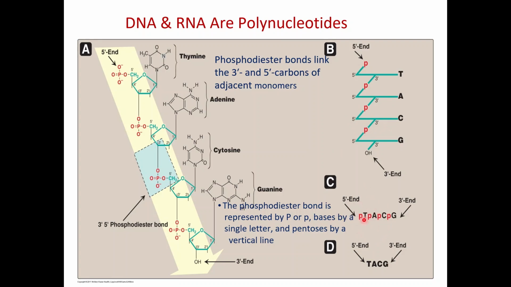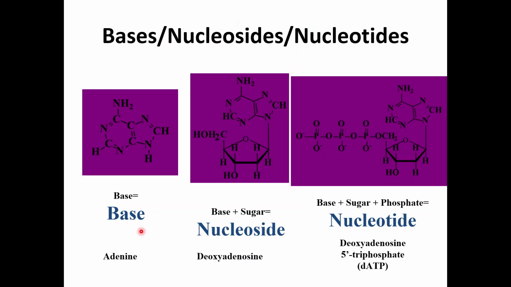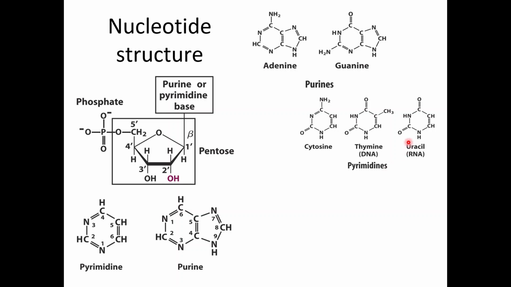In different books, different types of conventions are given to represent polynucleotide. So these are the bases, phosphodiester bonds, and the pentoses like this. A base plus sugar will form a nucleoside; base, sugar and phosphate will form the nucleotide.